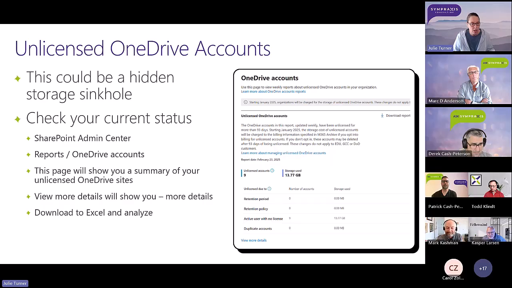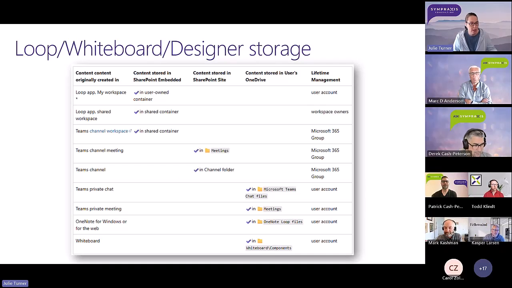All right. Let's move on to Loop, Whiteboard, and Designer storage. So, fairly new to the Microsoft 365 ecosystem is Microsoft Loop. And for all that aren't familiar, which pretty much everybody should be, Microsoft Loop is a tool that we can use to work in live collaboration with each other in a more robust way than something like Word co-authoring.